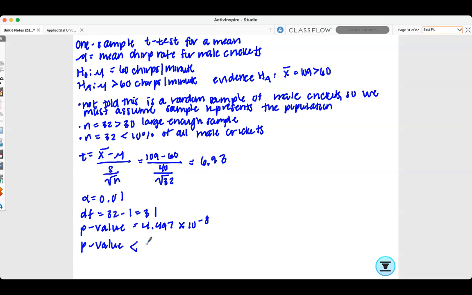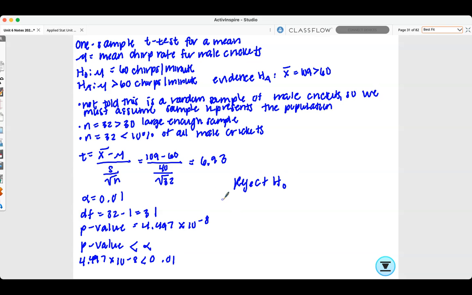So our p-value is less than alpha because our p-value, 4.497 times 10 to the negative 8th, is less than 0.01. So we reject our null hypothesis.